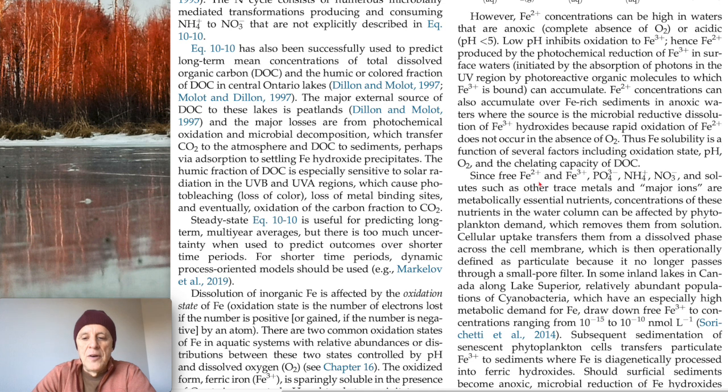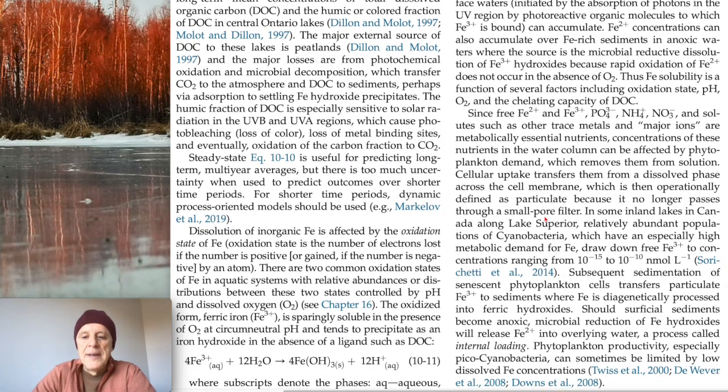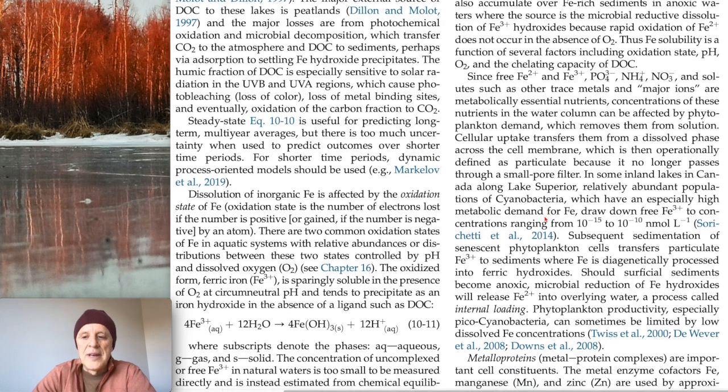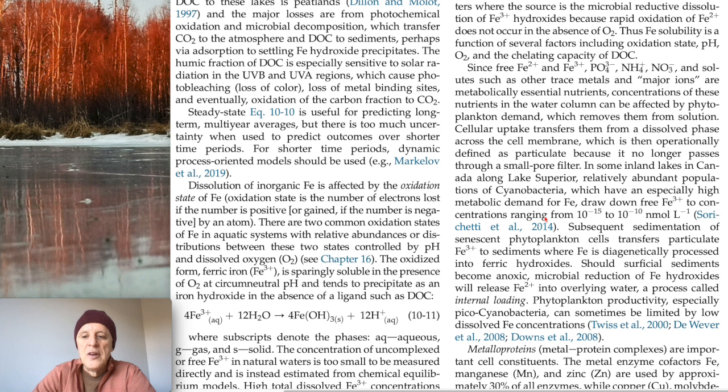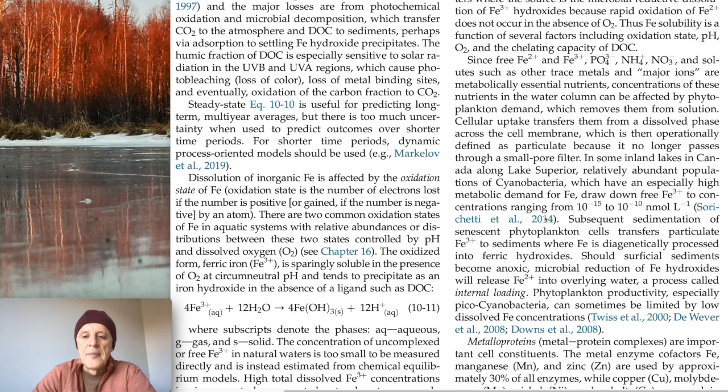Since ferrous, ferric, phosphate, ammonium, nitrate, and solutes such as other trace metals and major ions are metabolically essential nutrients, concentrations of these nutrients in the water column can be affected by phytoplankton demand, which removes them from solution. Cellular uptake transfers them from a dissolved phase across the cell membrane, which is then operationally defined as particulate because it no longer passes through a small pore filter.